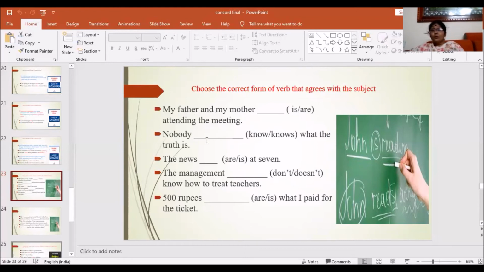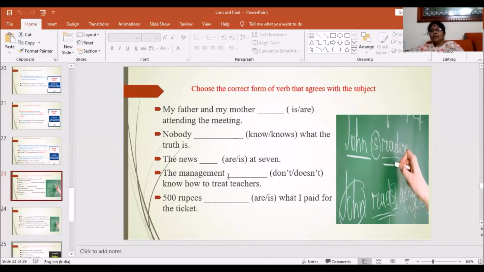Next one. Nobody dash what the truth is. Nobody knows what the truth is. The news dash at 7. Are or is? You have to write is because news is singular in meaning, right? The management dash how to treat teachers.